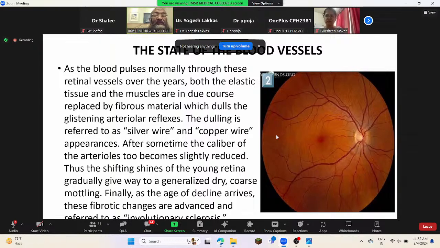After some time, the caliber of the arterioles too becomes slightly reduced. Thus, the shifting shines of the young retina gradually give way to a generalized dry coarse mottling. Finally, as the age decline arrives, these fibrotic changes are advanced, referred to as involutionary sclerosis. Here, what you see is an aging retina.